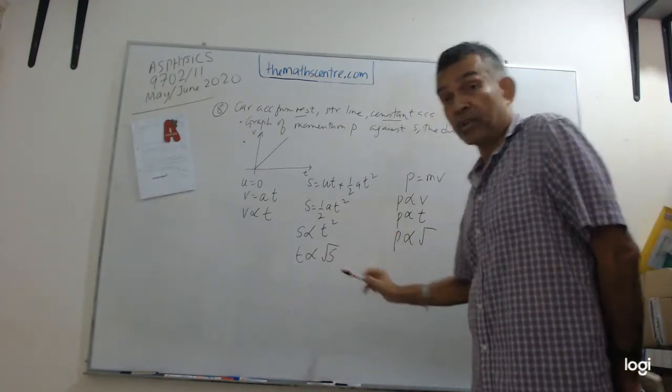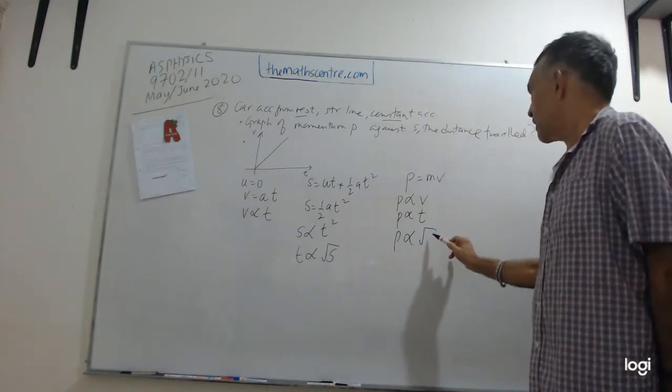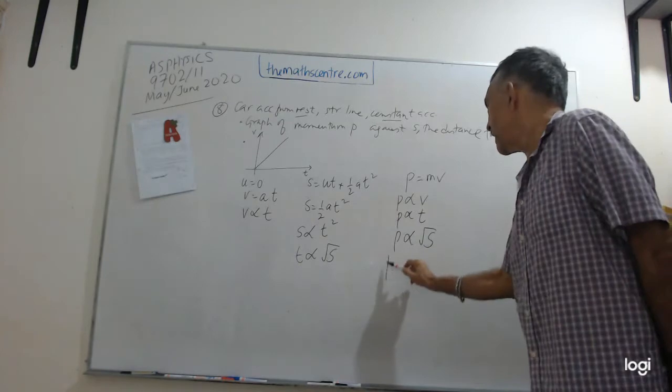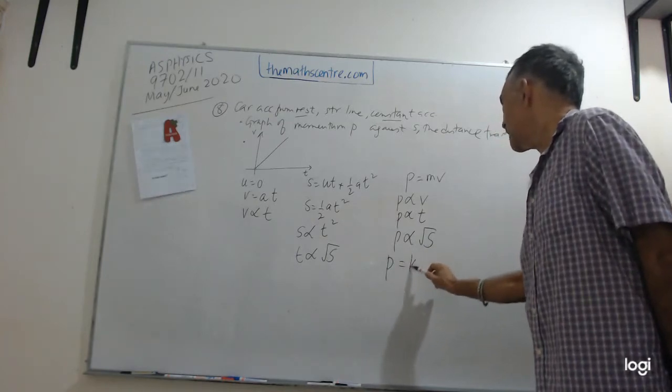The square root of S. So P is proportional to the square root of S. So which means we have P equals K.